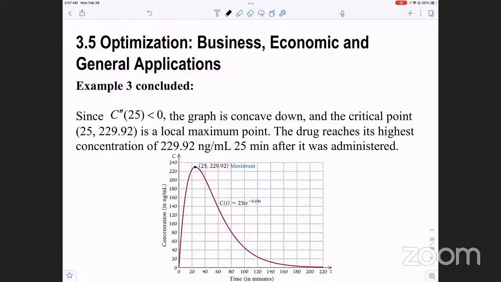So then since C double prime of 25 is negative, the graph is concave down. So (25, 229.92) is a local maximum point. The drug reaches this high concentration of 229.92 nanograms per milliliter 25 minutes after it's administered. So the concentration peaks at 25 minutes, and then it starts to taper from there.